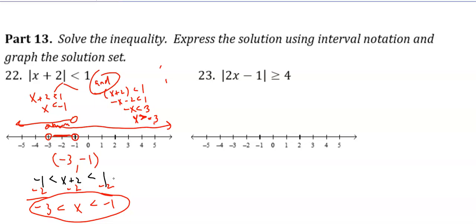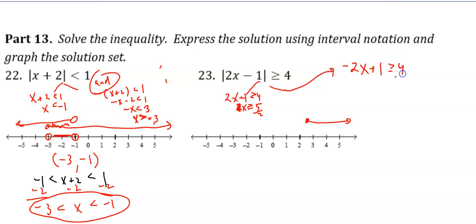This one is ready to break up, right? 2x minus 1 greater than or equal to 4. So 2x greater than or equal to 5. So x greater than or equal to 5 halves, which is like 2.5, so something like this. The negative case, I'm going to get over here so I have more room, is negative 2x plus 1 greater than or equal to 4.